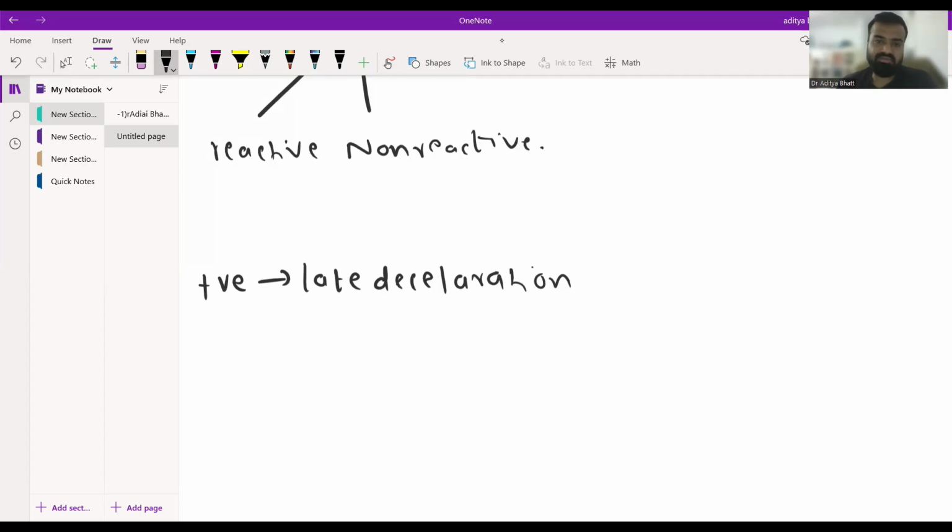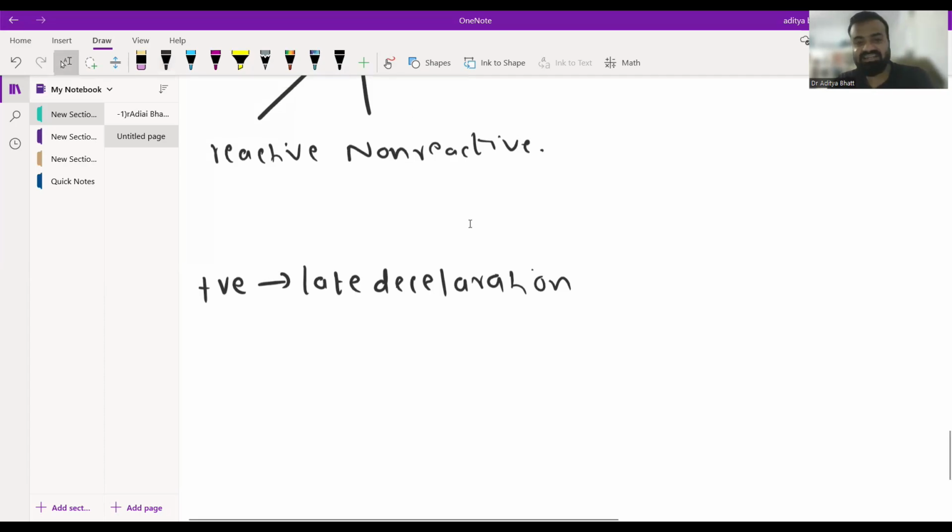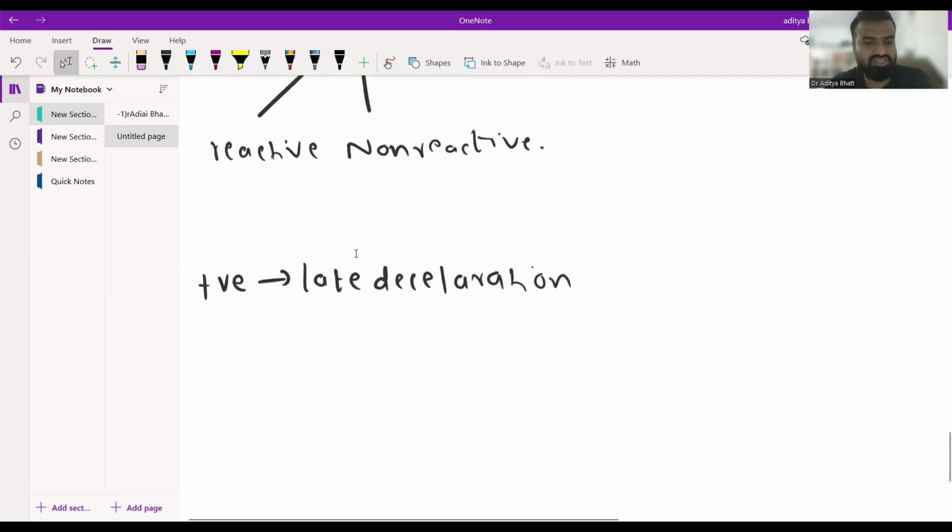Late deceleration is an ominous sign. It is not a good sign. It means that whenever the uterus contracts, the blood supply to the fetus is being cut off, and during that time the child is not responding very well to this contraction, and there is a reversal of blood flow to some degree. There is some compromise that is there.